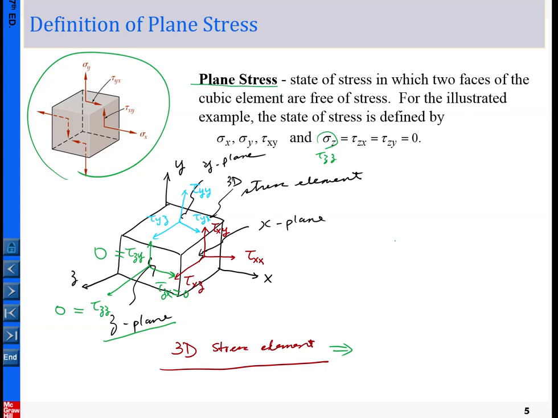Okay, and in terms of plane stress, you can try to simplify the drawing. The drawing can be like this. Assuming you are the little guy sitting in the z-plane, and looking at the projection of the stress element from this viewpoint.